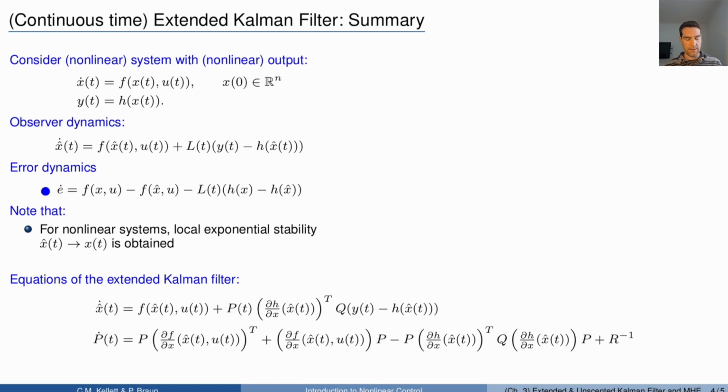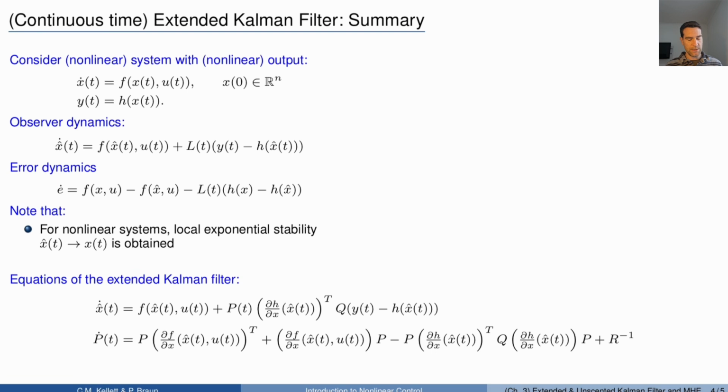And then if we have designed L of t in a particular way as shown on the previous slides, then we get local exponential stability of the error dynamics, meaning x hat converges to x of t locally.